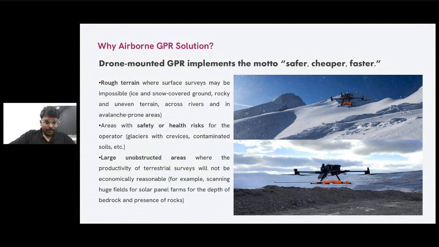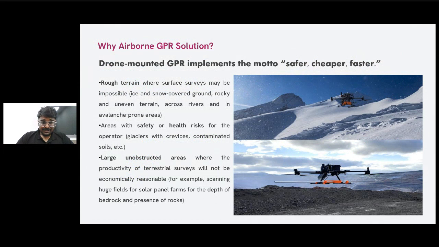Now, coming to the important point. When you have a traditional land-based GPR solution, why is an airborne GPR solution required? The answer is simple. It can travel to any location that a person cannot travel so easily: hilly areas, rough terrains, areas with health risk or potential hazard, or for carrying out scanning or detection of a large area, the drone can do it in a shorter period of time rather than traditional methods.